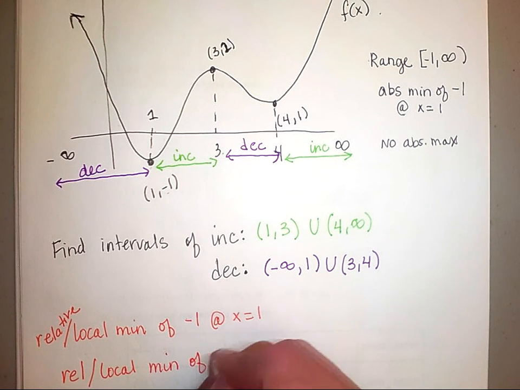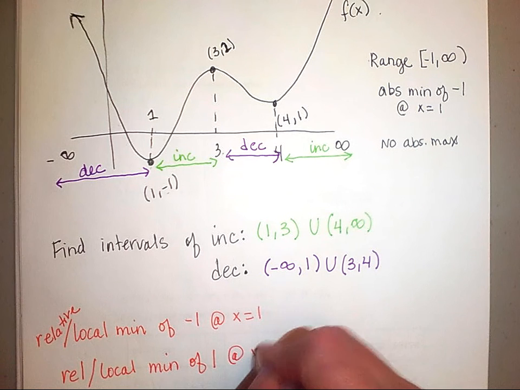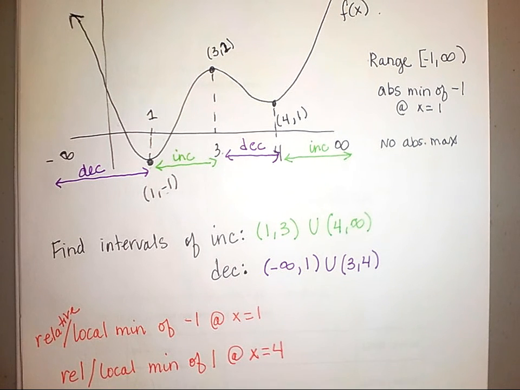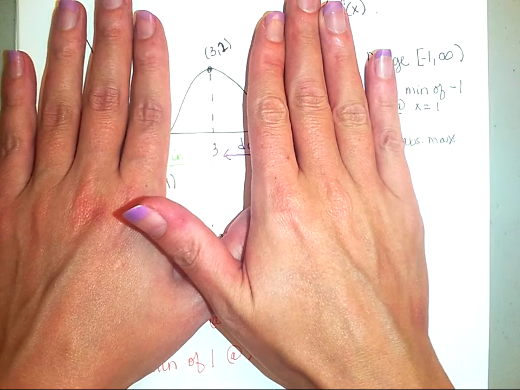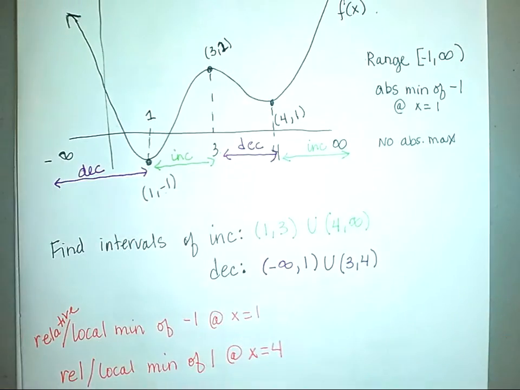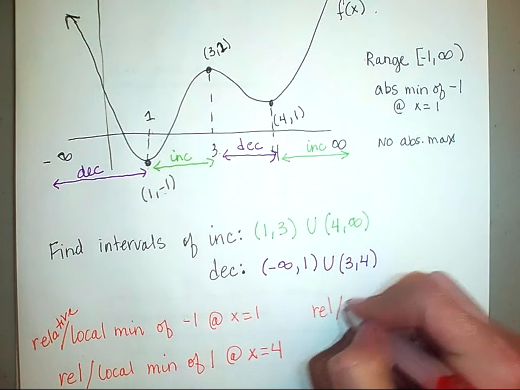And if we just look at this area as well, in this area of the domain, this is a local or a relative minimum as well. So we have a relative or local minimum of 1 at x equals 4.